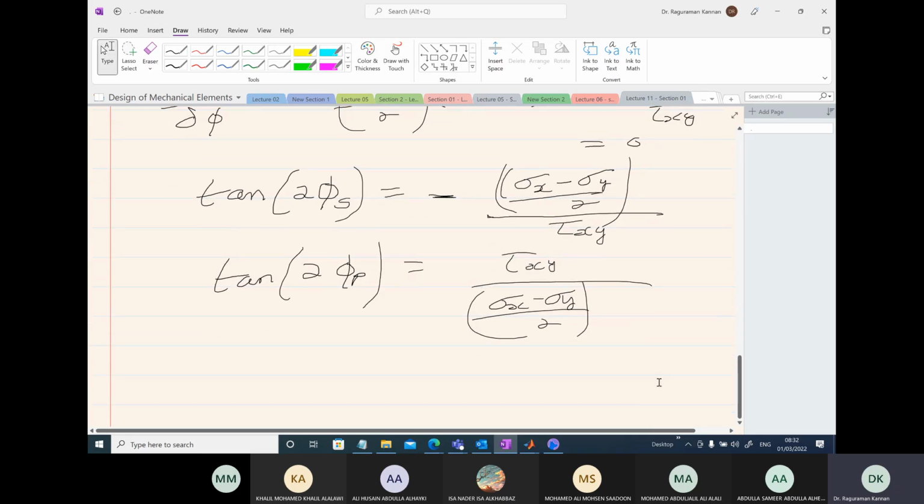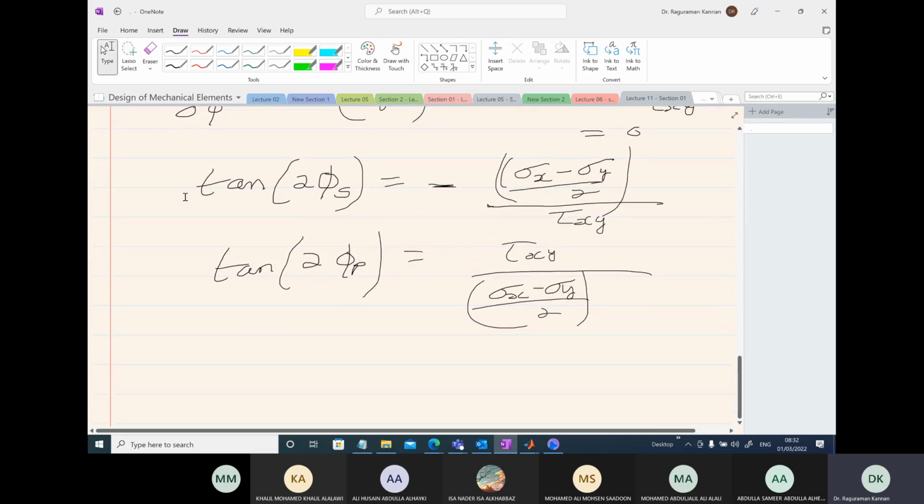So if I multiply these two angles, what do I get? Times tan 2 phi p. On the right hand side, I'm going to get negative 1. In other words, tan 2 phi s is negative 1 over tan 2 phi p.